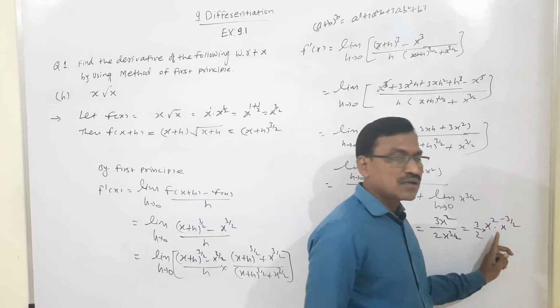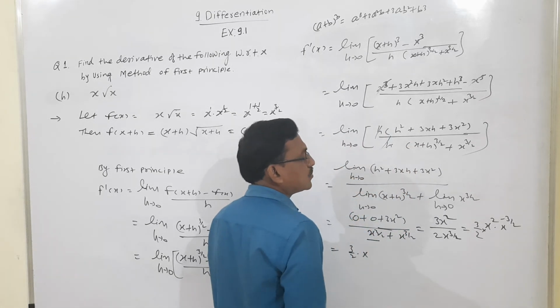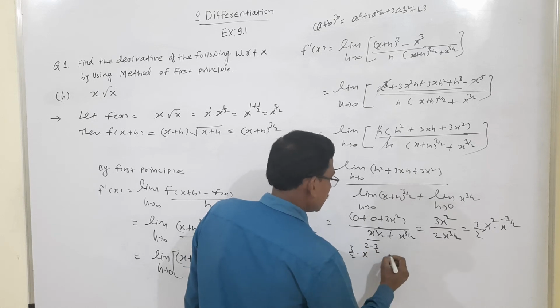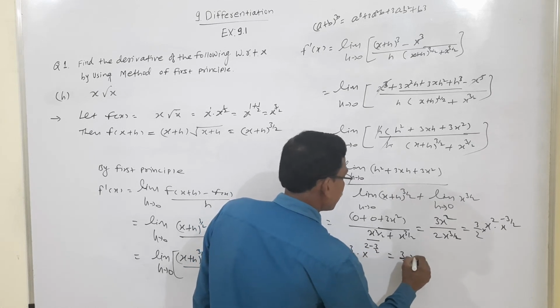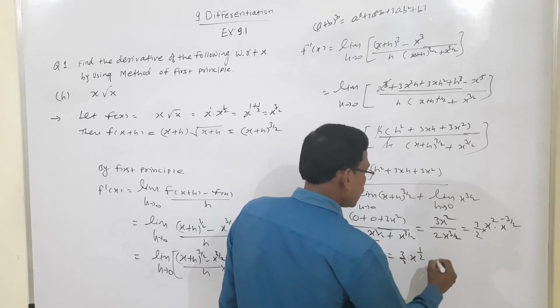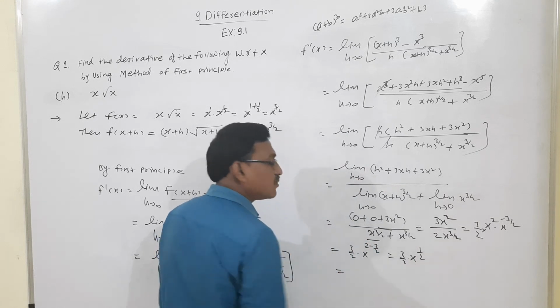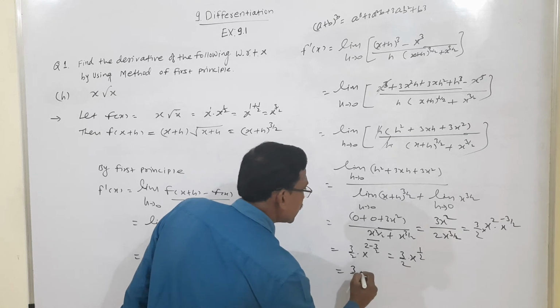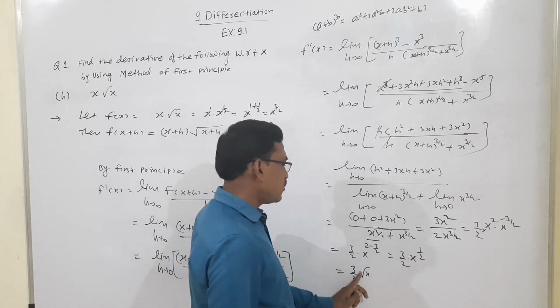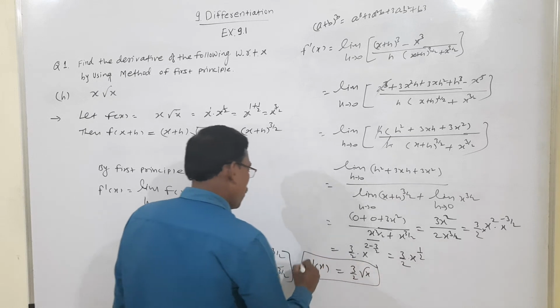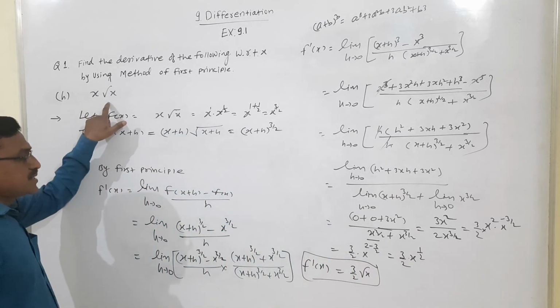Here again the bases are the same in the product, so we add the powers, meaning 2 minus 3 by 2, 4 minus 3, it gives 3 by 2 into x to the power 1 by 2, and since x to the power 1 by 2 is root x, so this is the derivative of the function x root x.